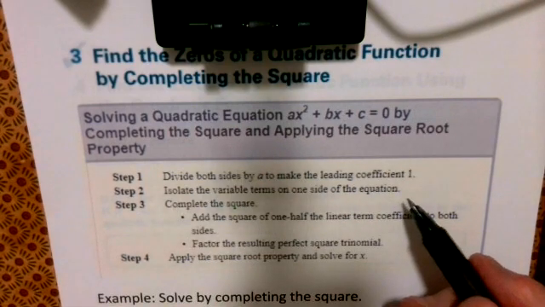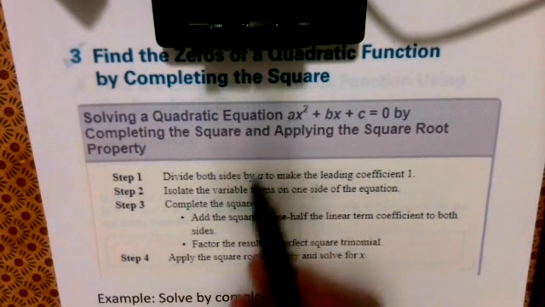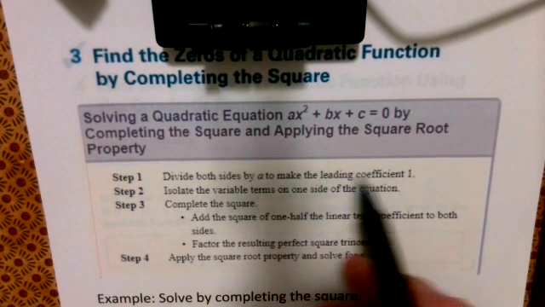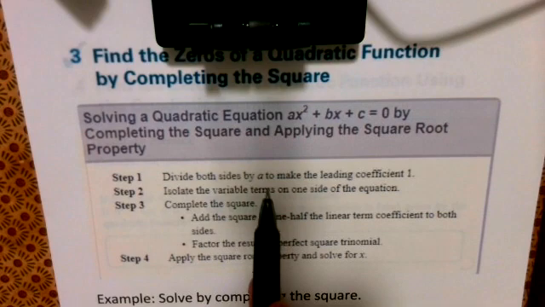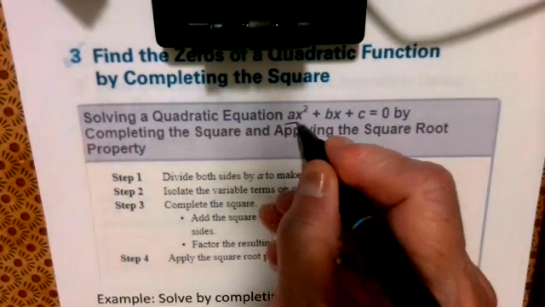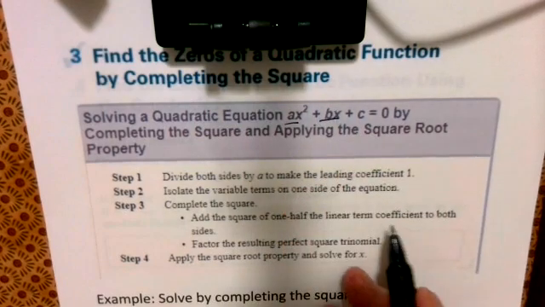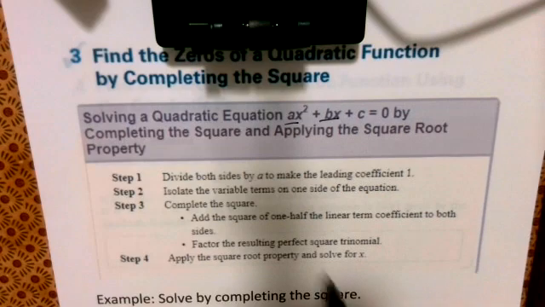The method is, you get it set equal to 0, and then divide both sides by whatever the leading coefficient is to make the leading coefficient 1. And then we want to isolate the variable terms on one side of the equation. These are the variable terms. And so that means we want to have the C on the other side.